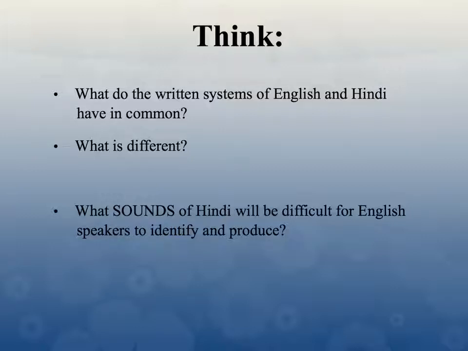If we think about common skills, well, the fact that sounds and letters are connected, that's a skill that can be transferred. We also have a lot of sounds that are similar that could transfer easily. So think about also what is different.